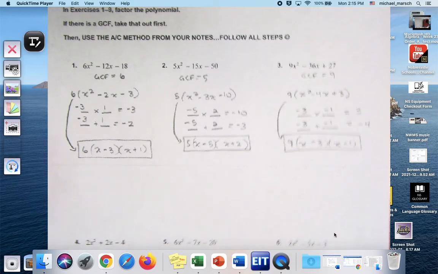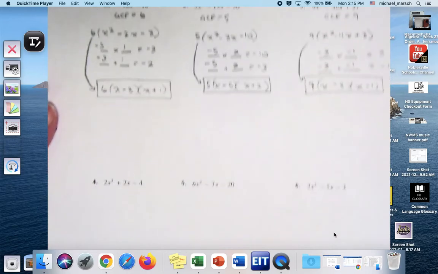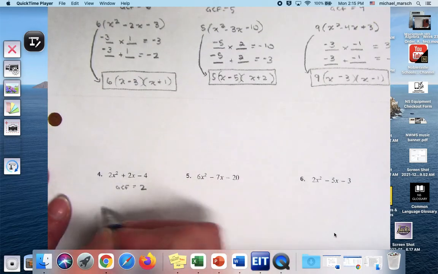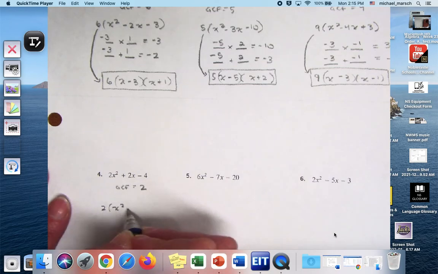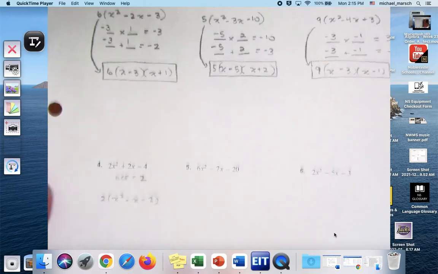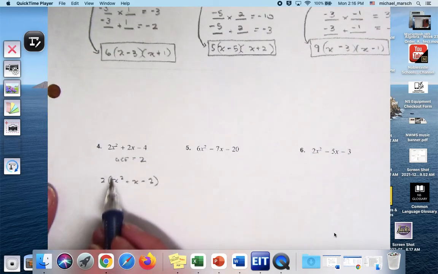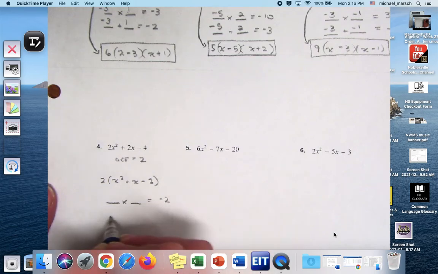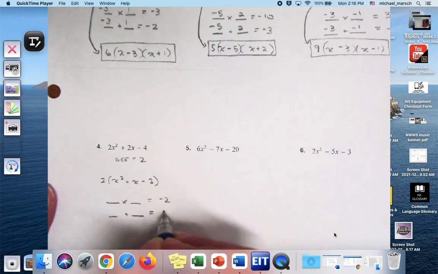Okay, number 4. My greatest common factor is 2. So 2 times the quantity x squared plus x minus 2. So again, this doesn't have an a value here, so I can just do this what times what equals negative 2. What plus what equals 1.